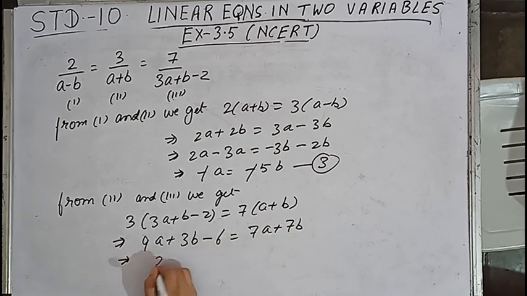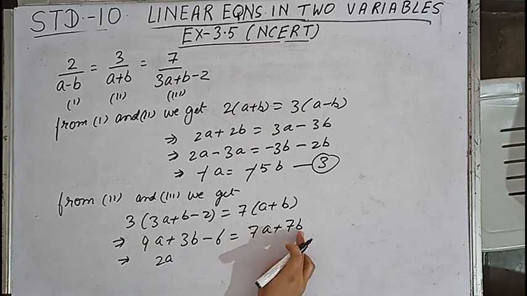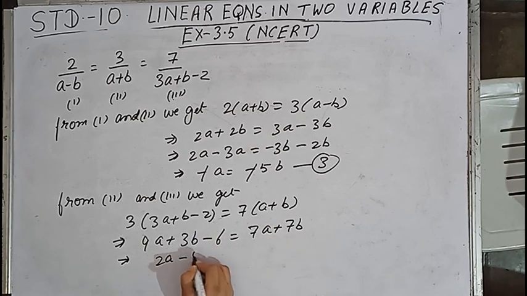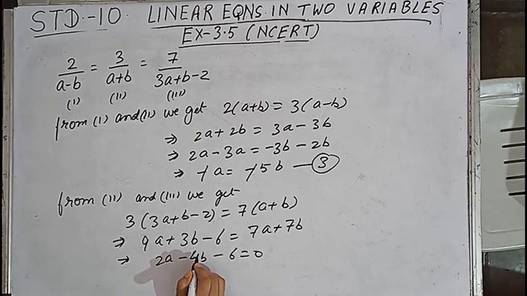This implies 2a - 4b - 6 = 0. Now we have got two linear equations. We can solve by cross multiplication method, elimination method, substitution method or whatever we like. But here it is not given which method you have to use, so we can do any method.